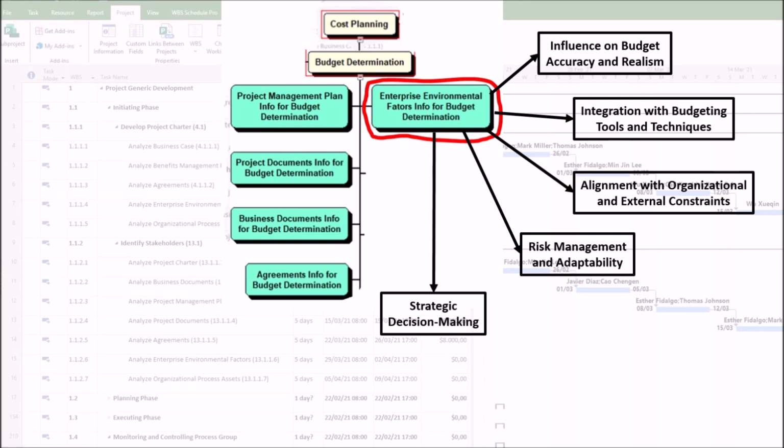Strategic decision-making. Enterprise environmental factors link budgeting to broader business objectives, such as, first, business case alignment. External market demands may justify budget adjustments to capture opportunities. Second, stakeholder expectations. Social or political climates, such as public infrastructure projects, influence funding priorities.